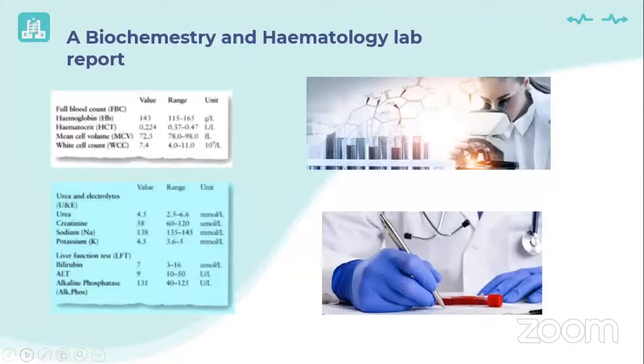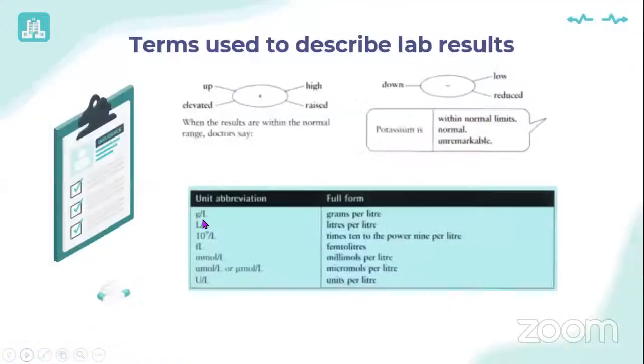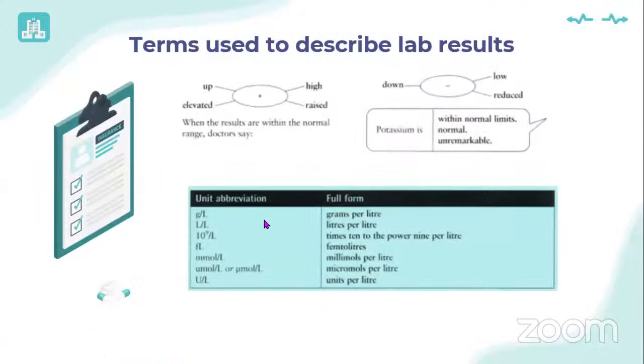Okay, on the other hand, we have a biochemistry and hematology lab report, right? And we can see that we have a value, the range, and the unit. Here we will see what is important to us.